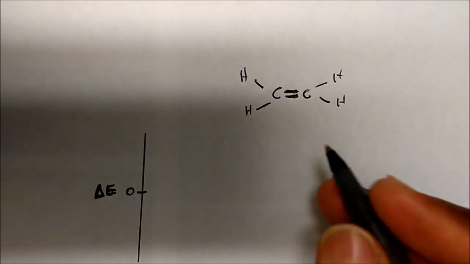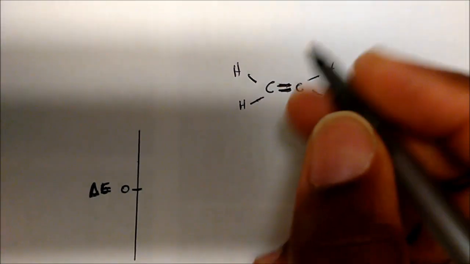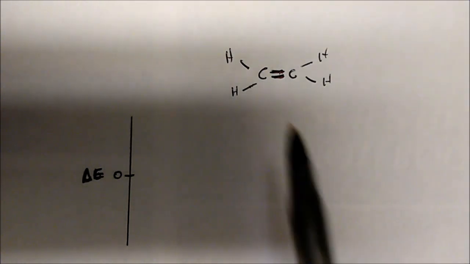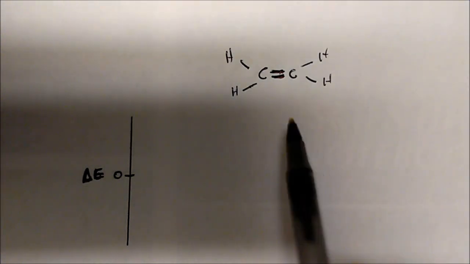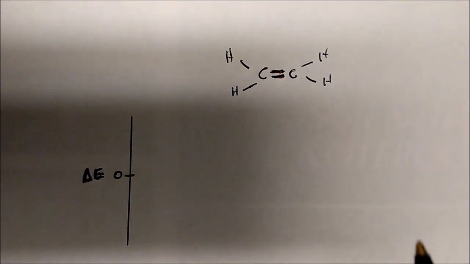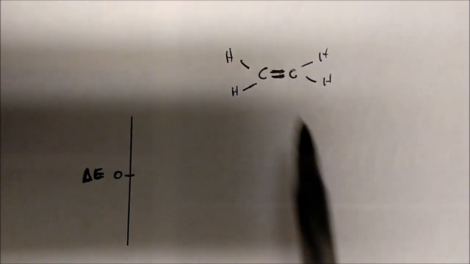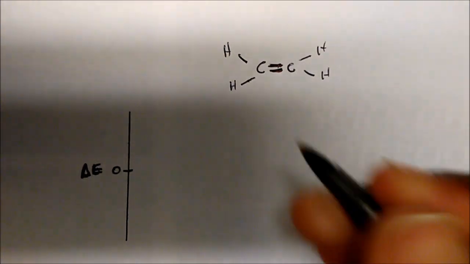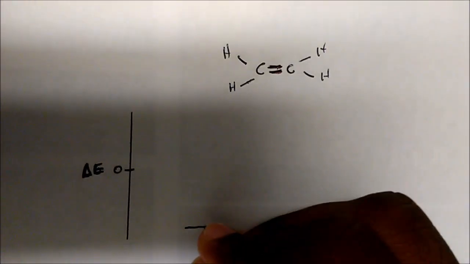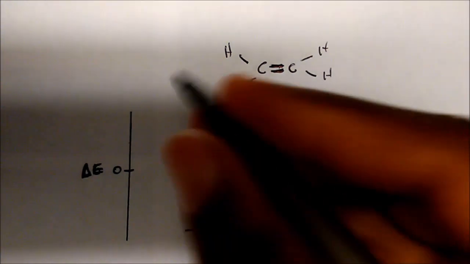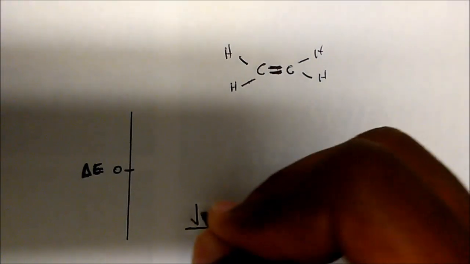So remember we talked about the Aufbau principle. We say we have to fill our lowest molecular orbital before we head to higher energy levels. So the way I'm going to do this is I'm going to draw my line. We have 2 pi electrons, so I'm going to put my 2 pi electrons.